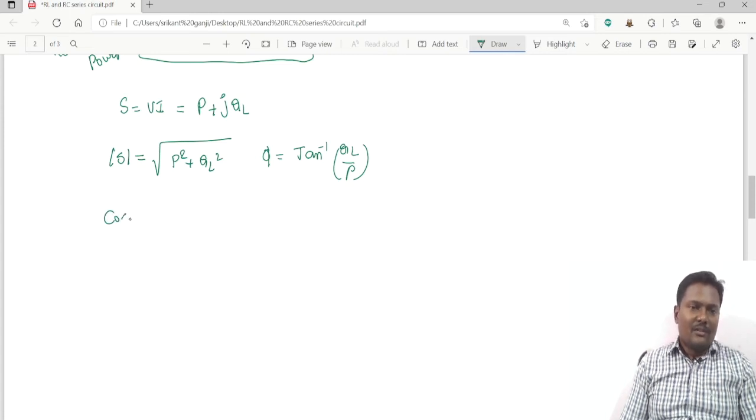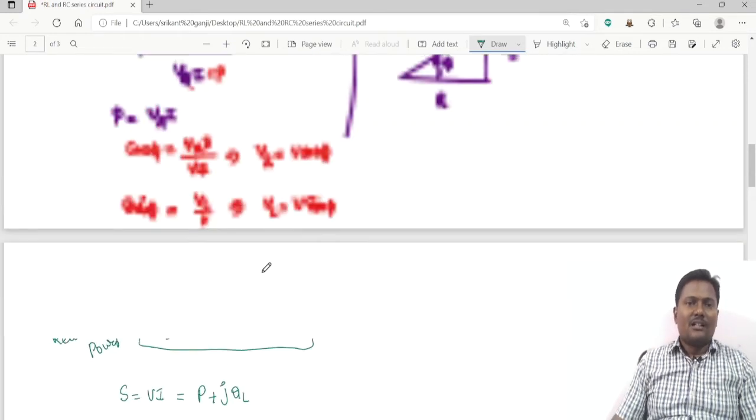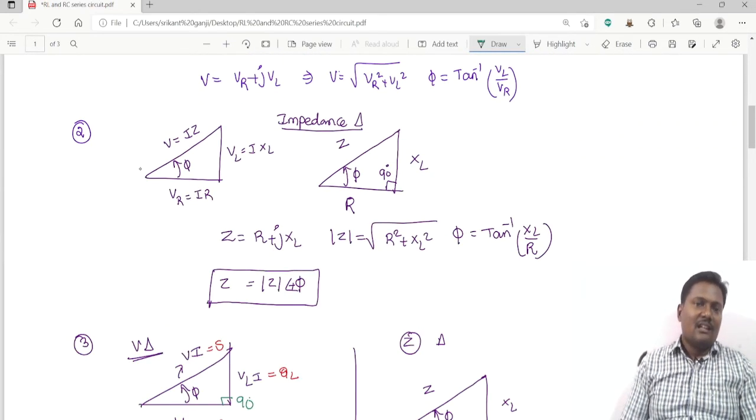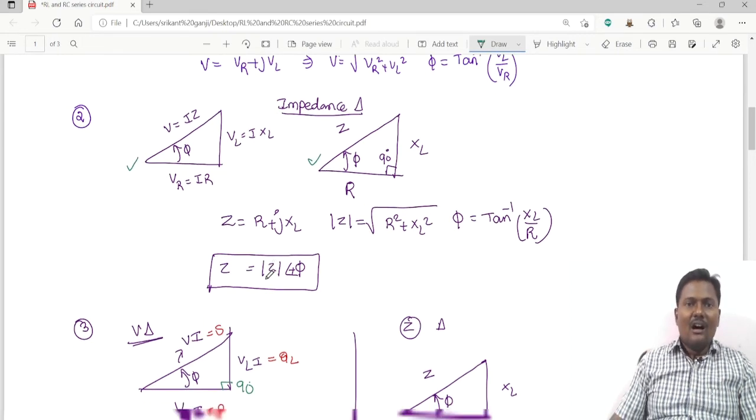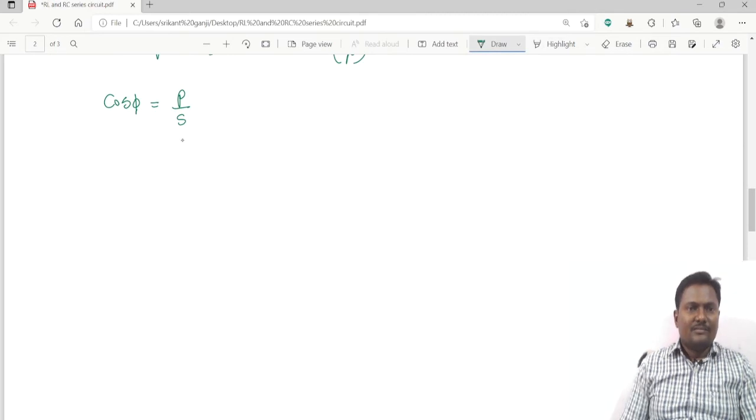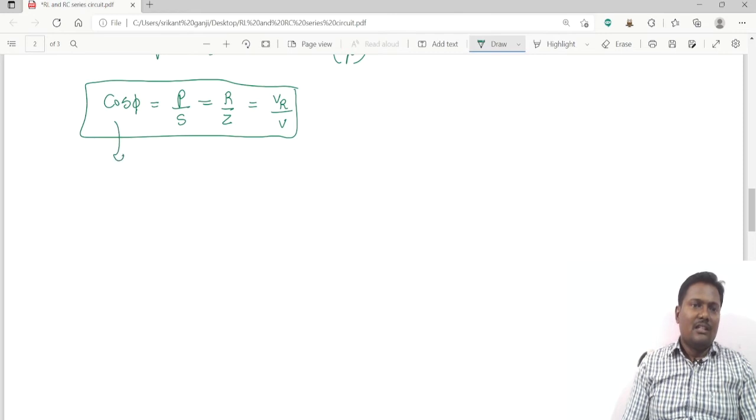The power factor is the ratio of active power to apparent power. From the impedance triangle we can define it as R by Z, and also VR divided by V, where cos phi is called the power factor.